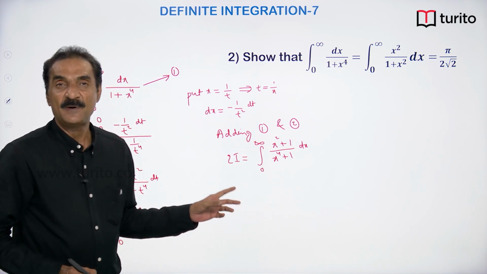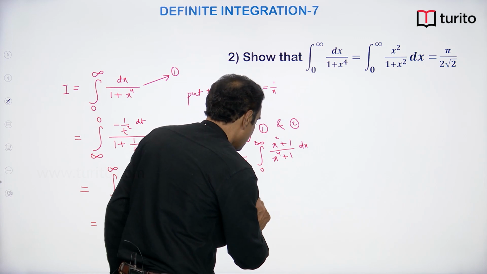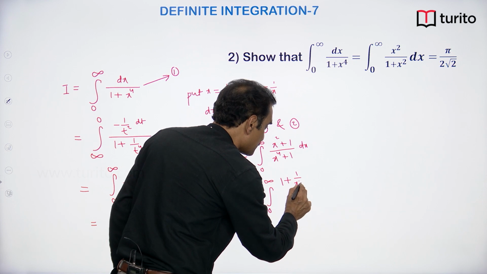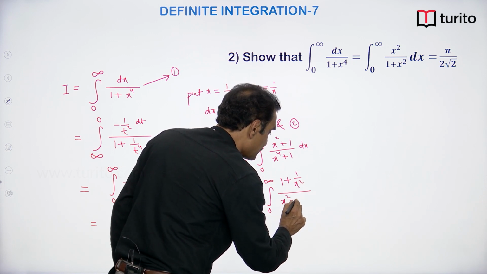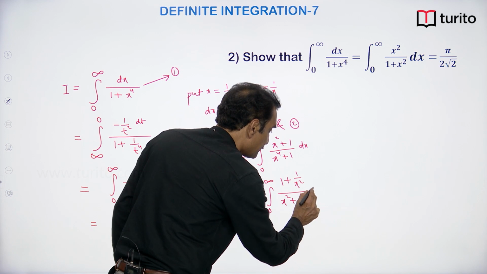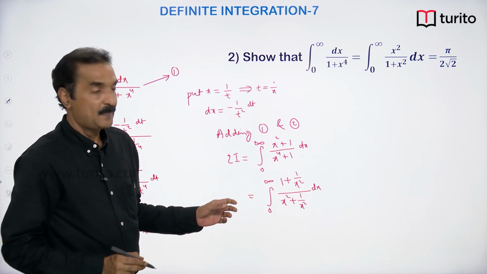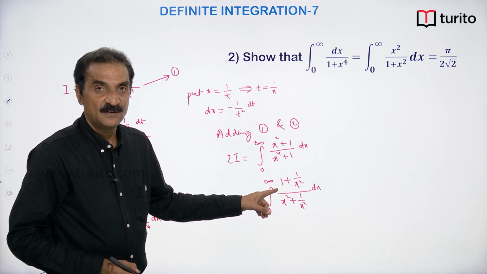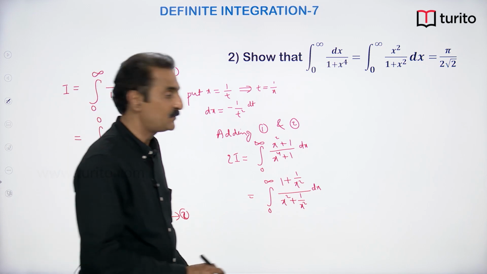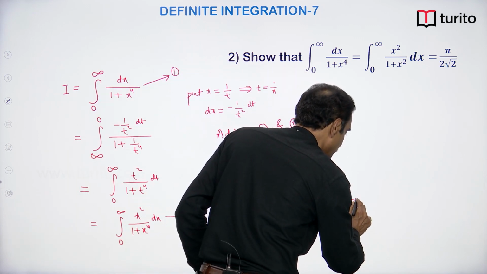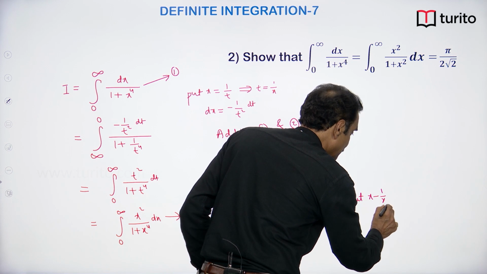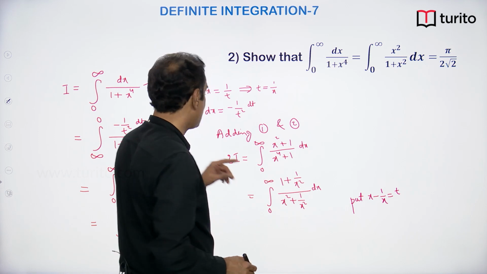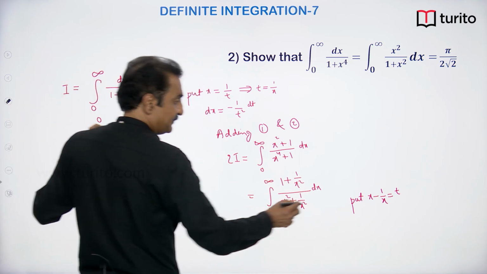Divide numerator and denominator by x square. Numerator becomes 1 plus 1 by x square, denominator becomes x square plus 1 by x square. Now, numerator is the derivative of x minus 1 by x. So, put x minus 1 by x is equal to t. T is already used, so it is better to substitute it as z.